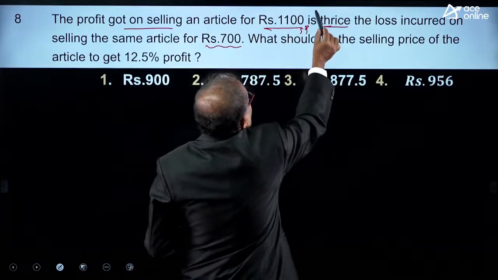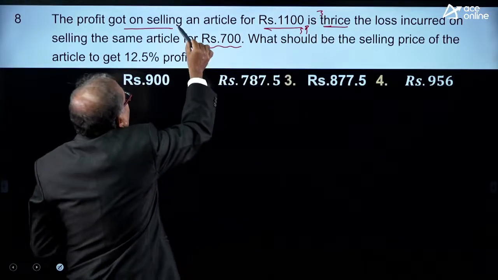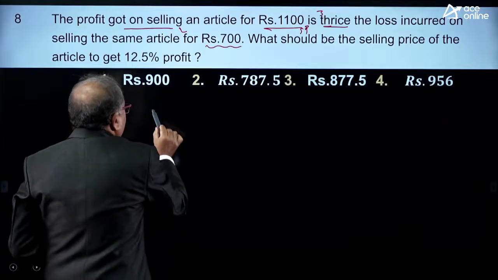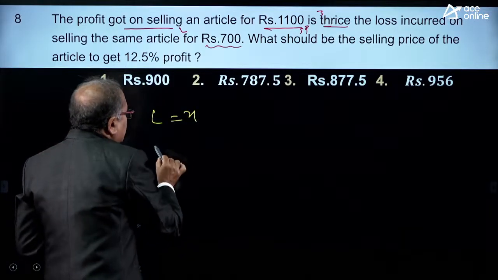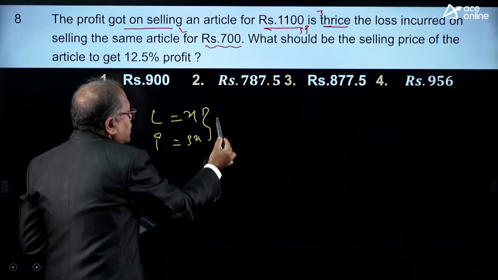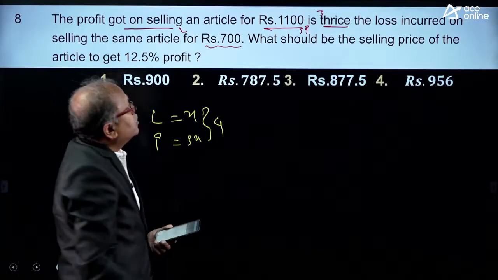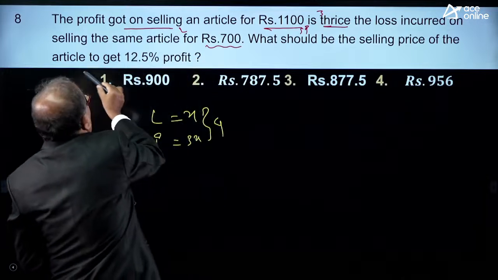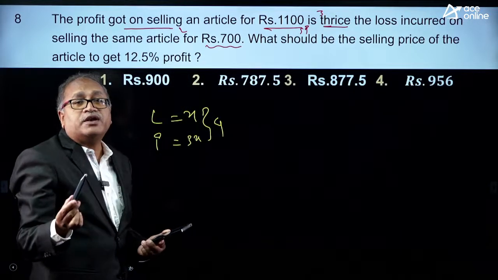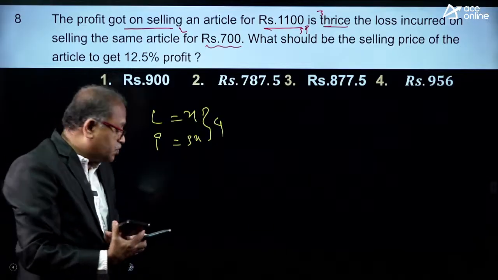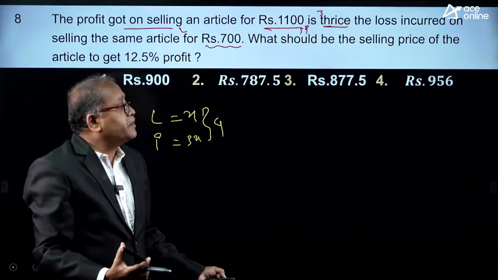So here profit is 3 times the loss. If the loss is x, in the first case the profit is 3x. So you can notice that this is 4 times. What should be the selling price of the article to get a 1/8 profit? That is 12.5% profit. Small question, but what matters is time.